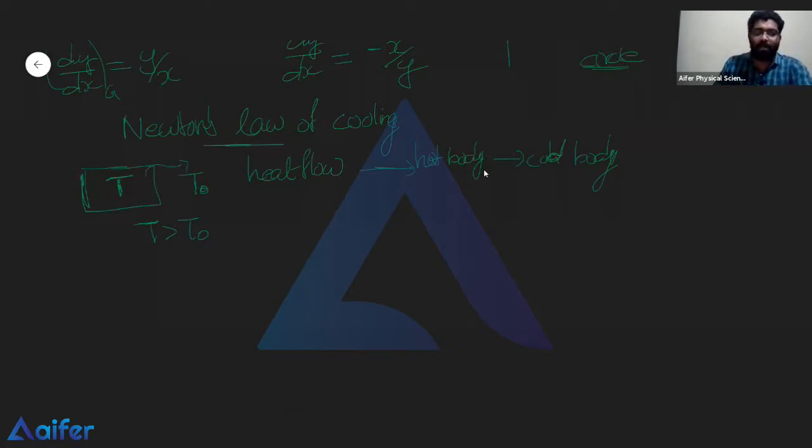Eventually the temperature of the body goes on decreasing. Once the temperature of the body becomes equal to the surrounding temperature, it is called thermal equilibrium. Then no more heat will flow from the body to the surroundings.